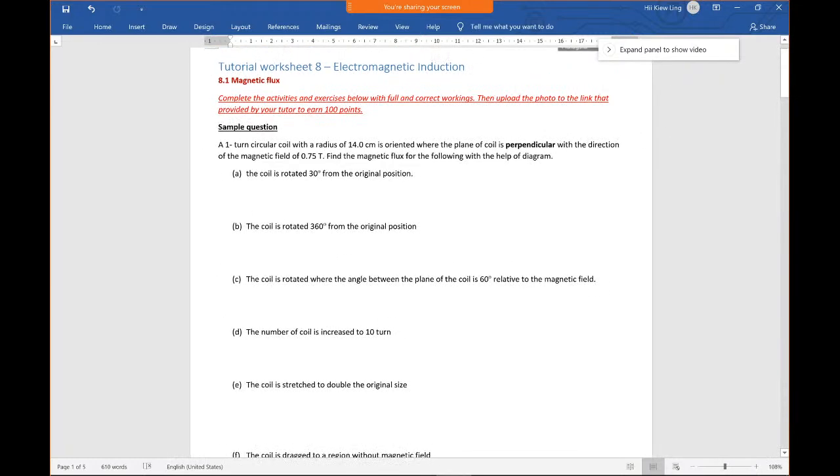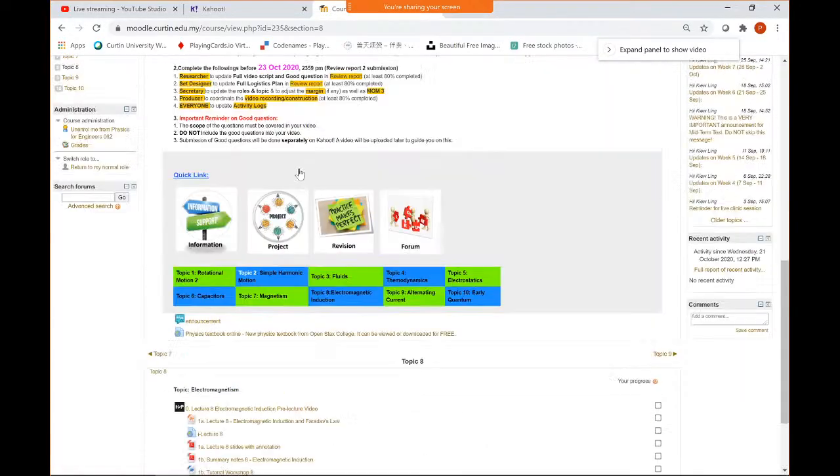Okay, so welcome back and let's look at 8.1. How to find magnetic flux. For this question, I would like you to open your Moodle and go to topic 8.